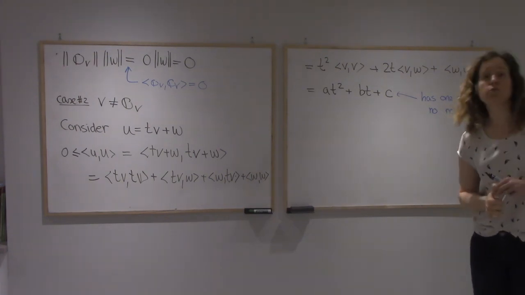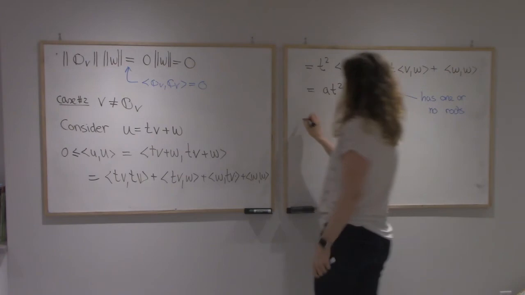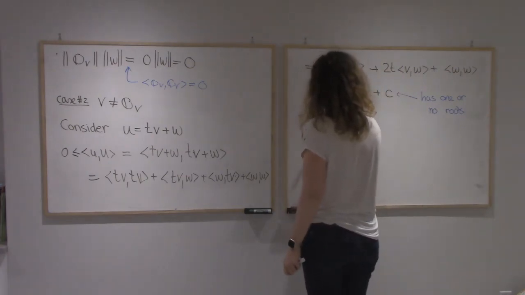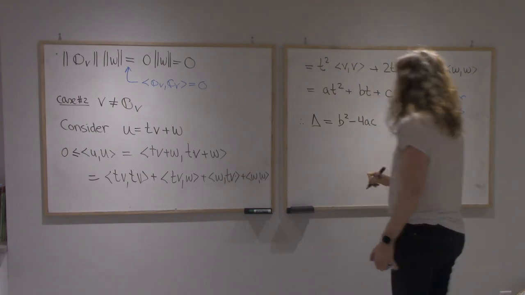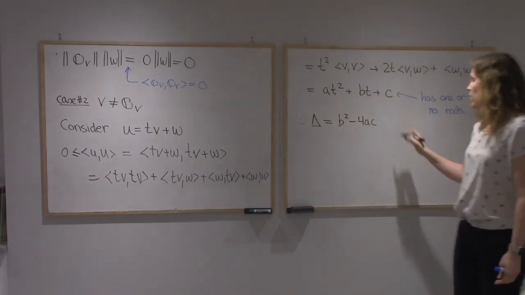We know how to test for this. It's about the discriminant. The discriminant of this polynomial, b squared minus 4ac, is negative or 0.